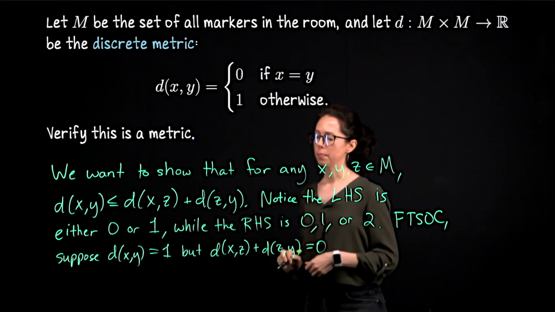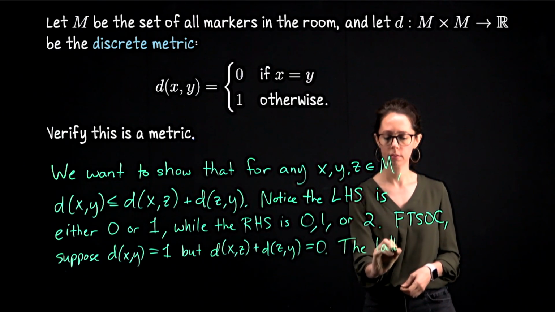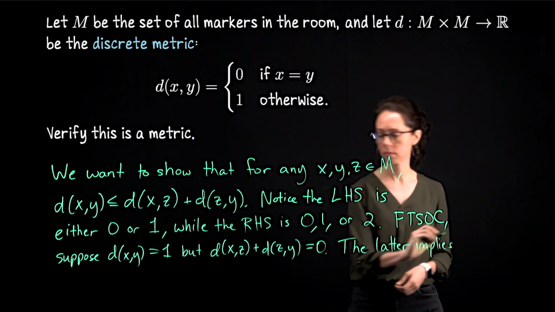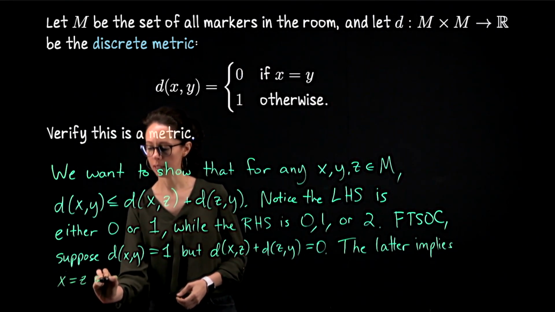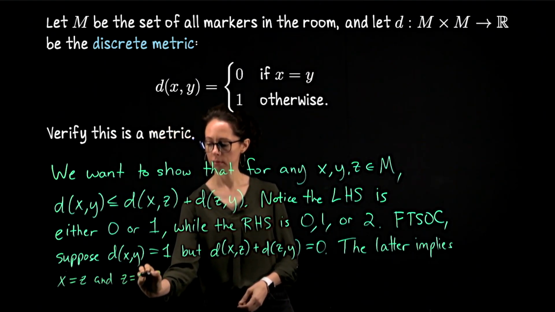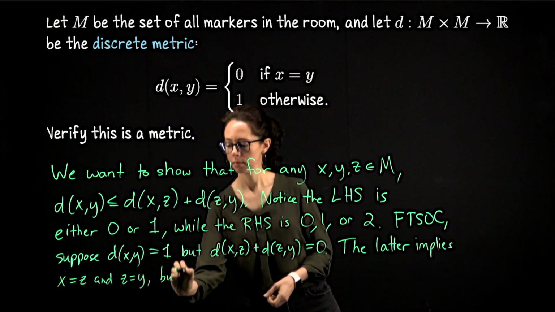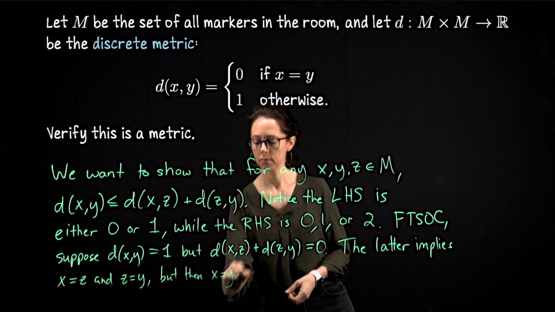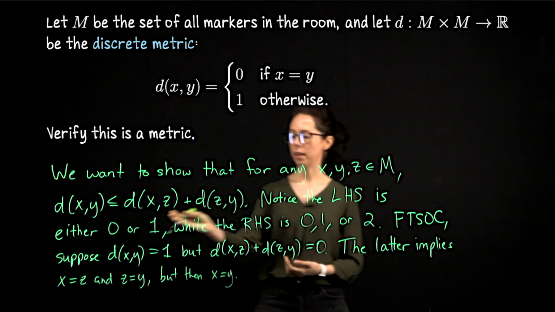The latter implies x equals z and z equals y, but then x equals y. This would produce the left-hand side is 0.